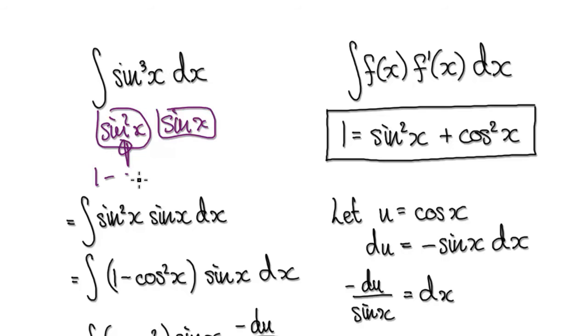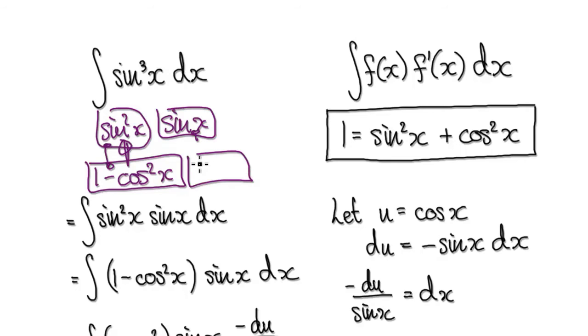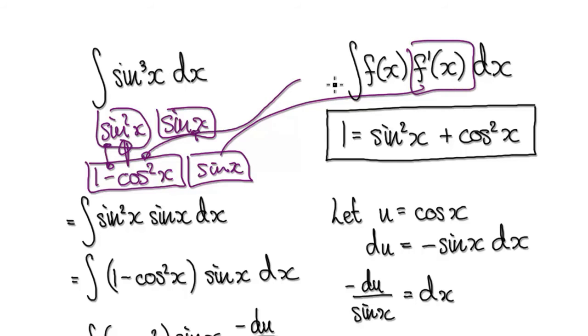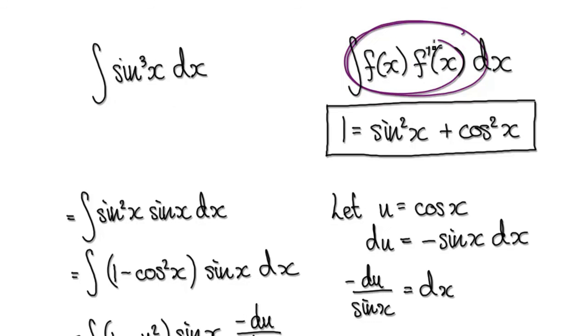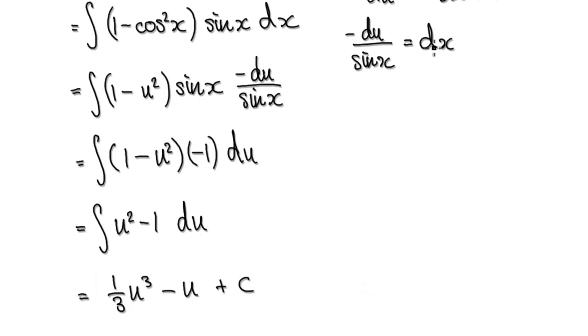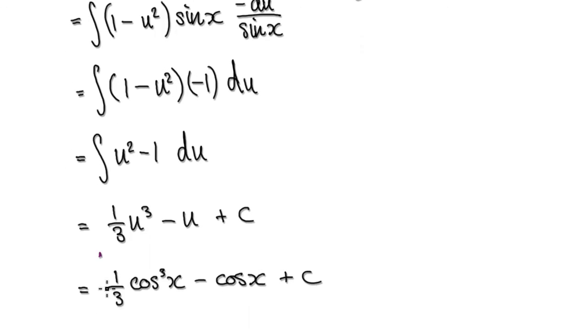As it turns out, it will be this cos squared. So this block here becomes this, and then this block here stays the same, and then you will have f prime here, and this is everything in terms of cos. So you're always striving for this. Okay, well, your final answer is this here.